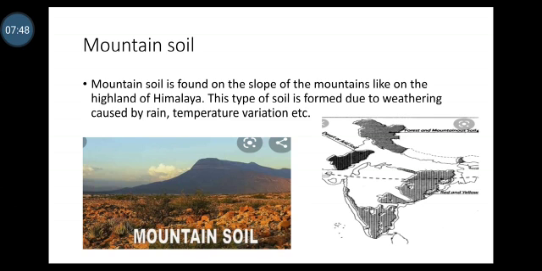Okay, so what should we do? We should plant more and more trees so that trees can prevent soil erosion. We should grow crops by using crop rotation. अलग अलग crops grow करना चाहिए so that fertility of soil will be maintained. So this is about the types of soil and how we can save the fertility of soil. Thank you.